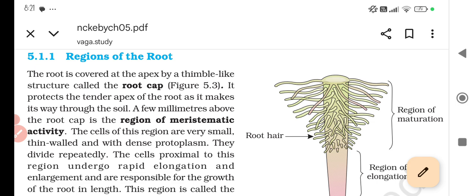So the light does not reach the roots, and so the roots are non-chlorophyllous. There is no chlorophyll pigment present in the roots, and that is the reason they are non-photosynthetic. They cannot perform photosynthesis, and they are non-green or brown colored.